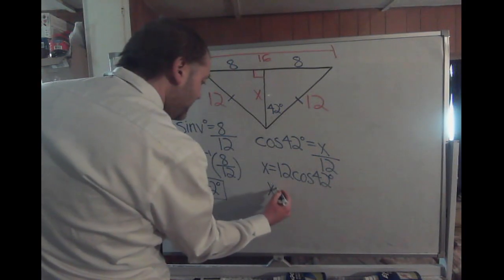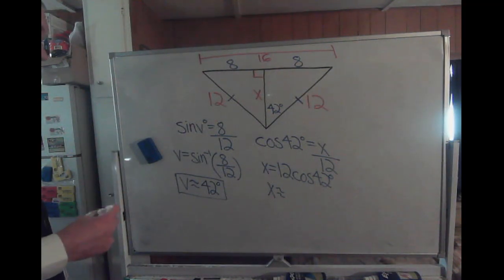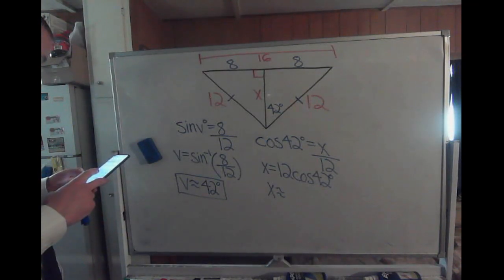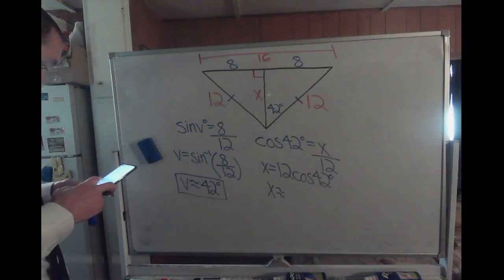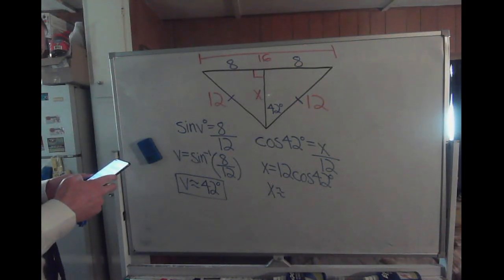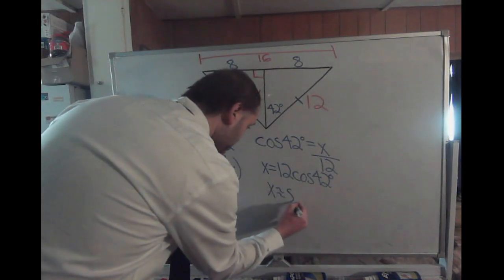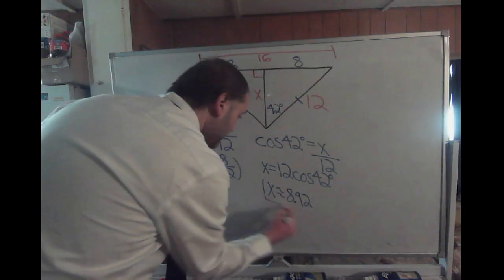Then we should get a 2 decimal place approximation for the value of x. Which would give you about 8.92. So x is approximately equal to 8.92.